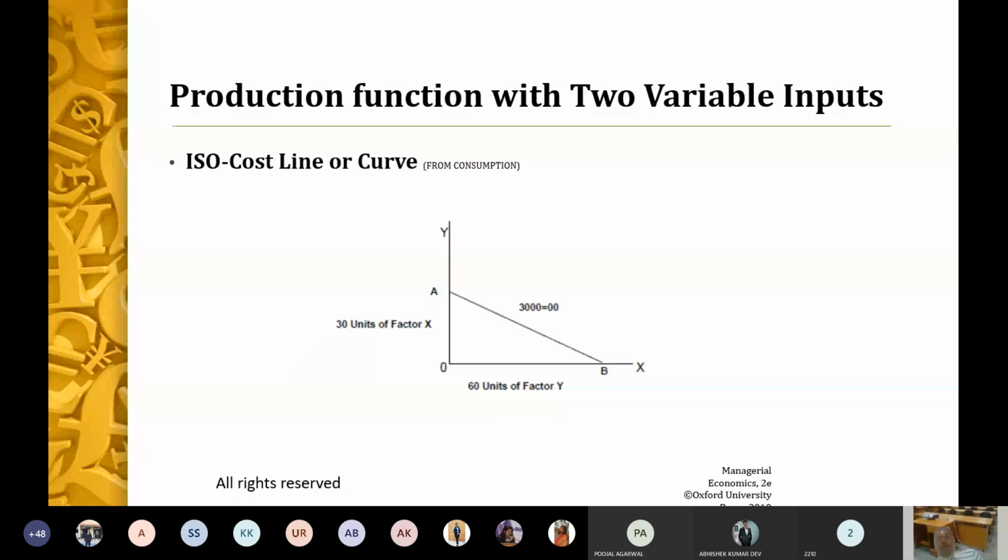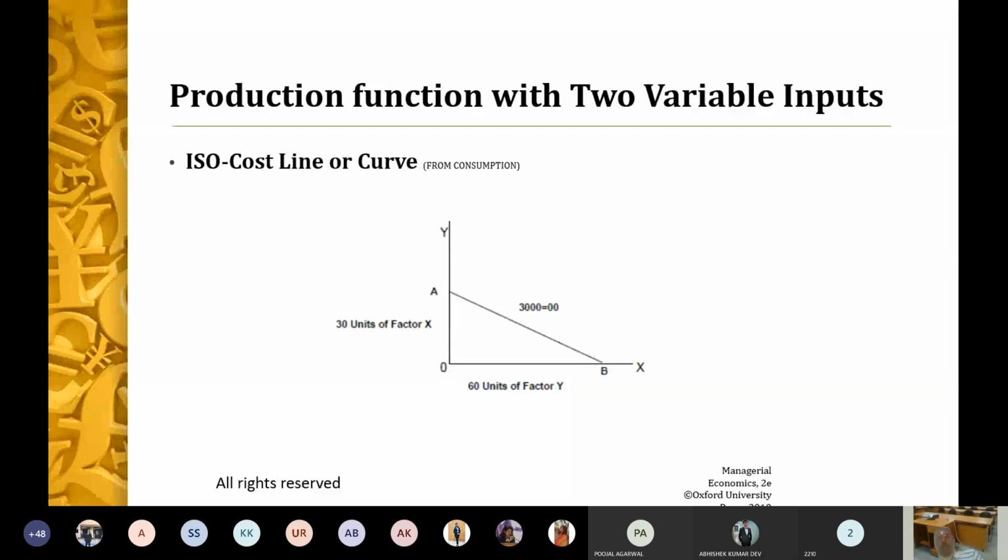And when factor X on the X-axis is 60 and Y is 0, then we also get the same cost, which is 3000 lakhs, let us say. So 3000 lakhs will be the cost on all points on the line AB. At every point on the line AB, the cost of production would be 3000.